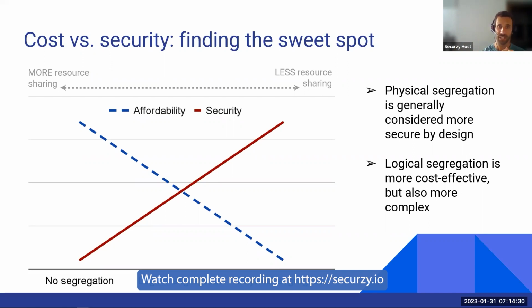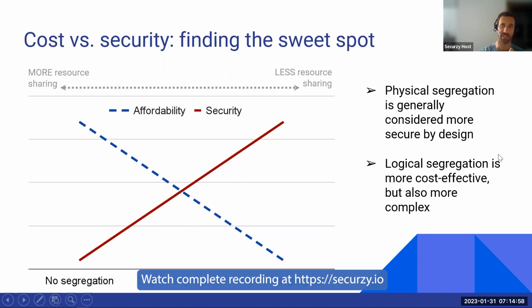If you do more resource sharing, you might do some form of logical segregation. Instead of having the different tenants running on different systems, they're going to run on different virtualized machines, or containers, or stuff like that. These are running on the same host, but you use virtualization or containerization to logically segregate between the tenants.